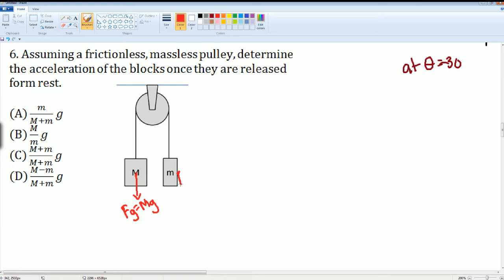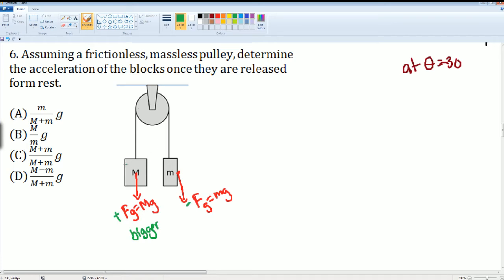Then you have this going down here, which is just the force of gravity on this object, little mg. Then there is a tension. One of them has to be positive, one of them has to be negative. I'm going to treat this as positive because M is bigger. So this is bigger, so I'm going to treat this as positive. So this has to be negative.